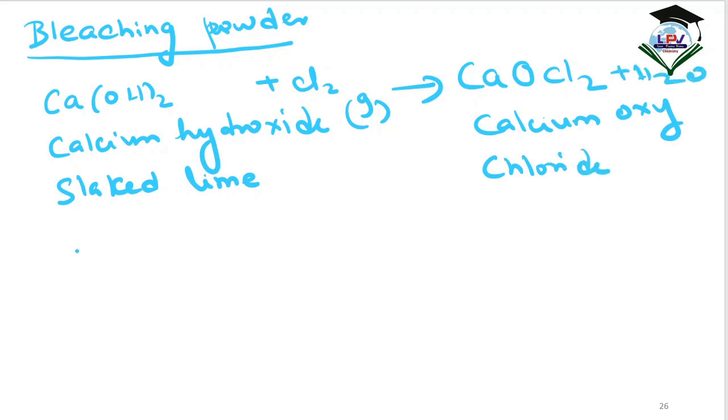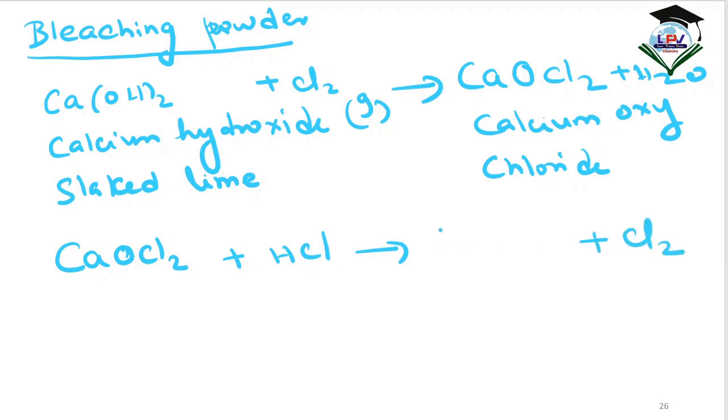This bleaching powder, when treated with acid, gives chlorine. Now, you have to balance this equation, and this chlorine which is liberated is known as available chlorine.